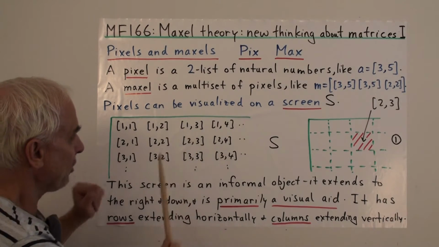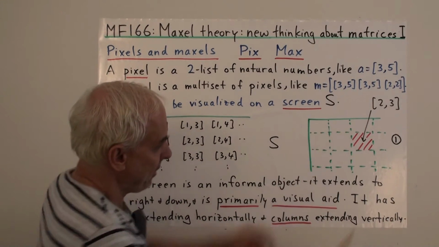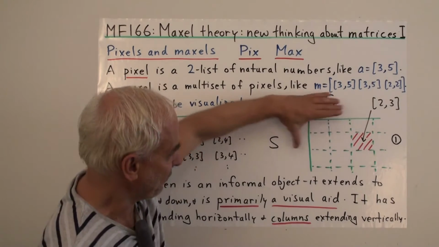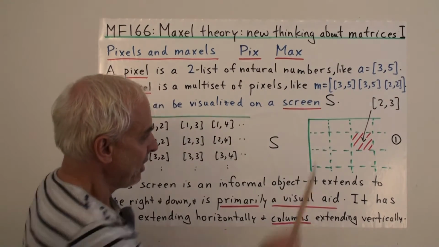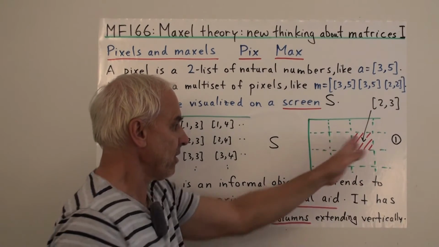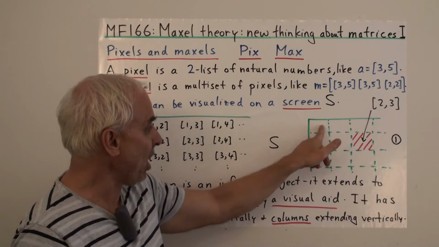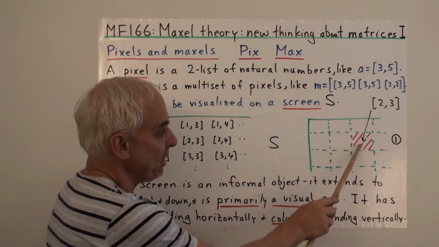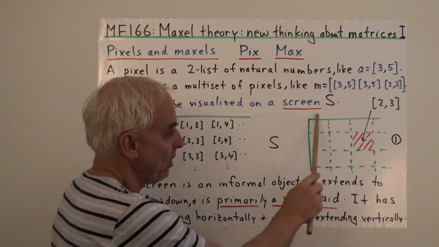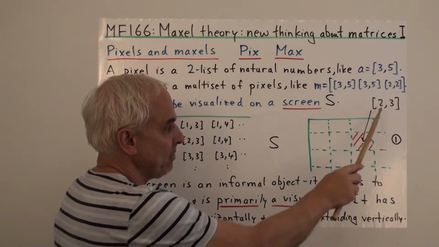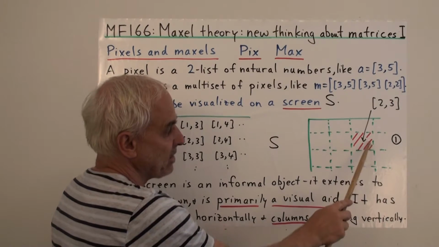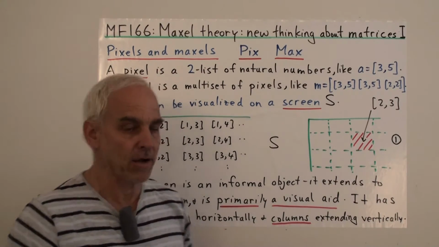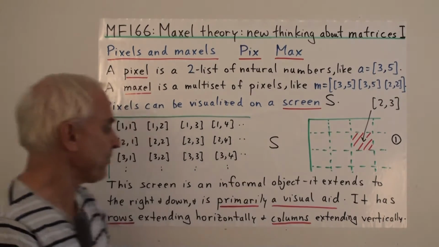And you can think about it alternately as a sheet which extends to the right and down, divided into rectangular blocks, each block corresponding to one of these pixels. So this block here would be the block 2, 3. So the pixel 2, 3 can be visualized as that little block in this screen.